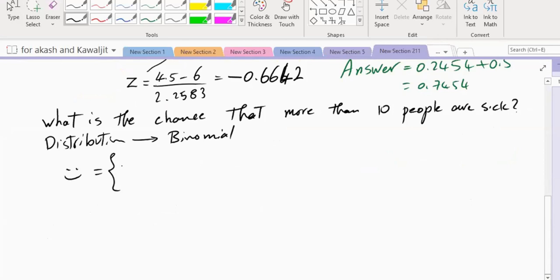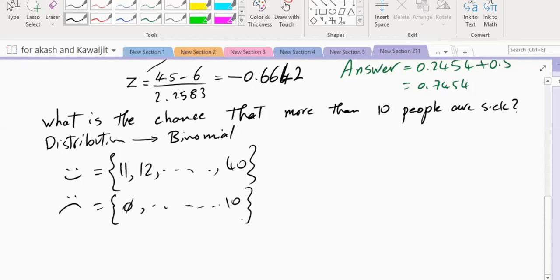So will 10 make me happy? No. 11? Yes. 11, 12, up to 40 will make me happy. What will make me unhappy would be 0 to 10. Both of them are painful.